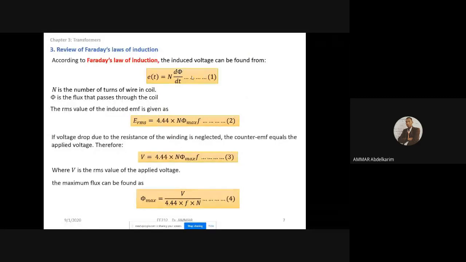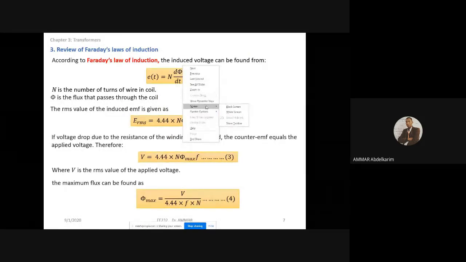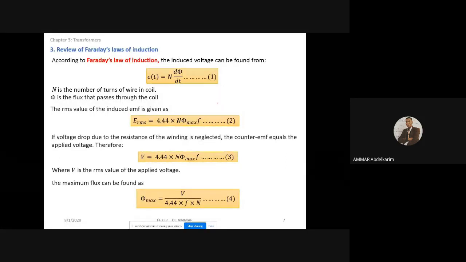The next slide, element number 3, is the review of Faraday's law of induction. We have seen this, of course, in the magnetic circuit, maybe one of the last elements in the chapter. Faraday's law of induction: the induced voltage can be found. Before, we were talking about how we can produce a magnetic field or how we can have a flux.